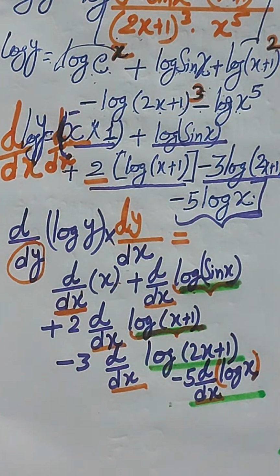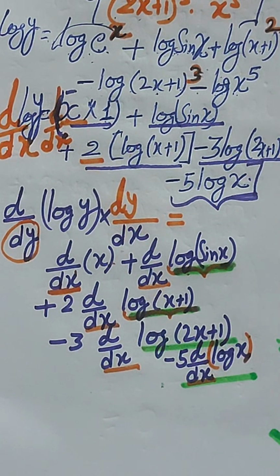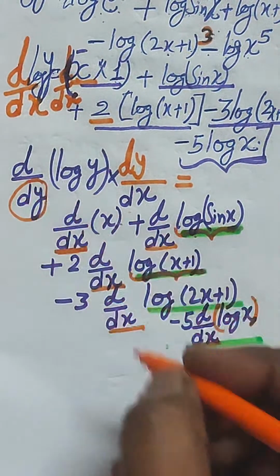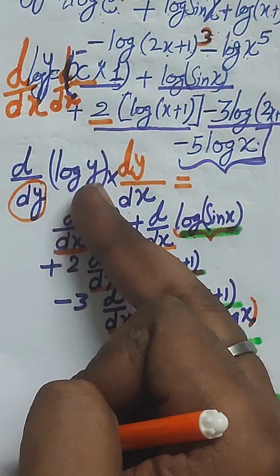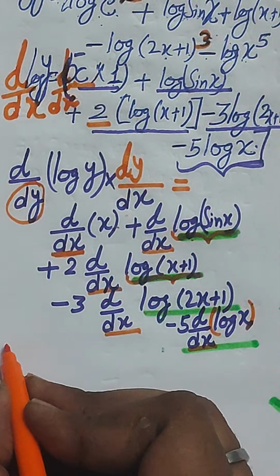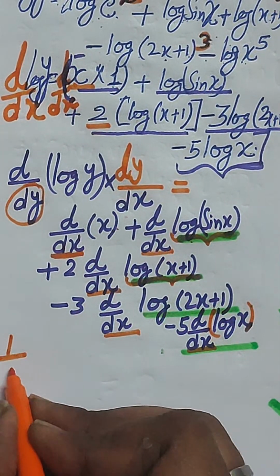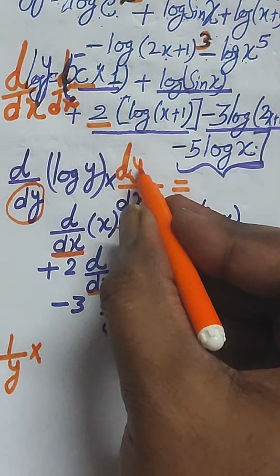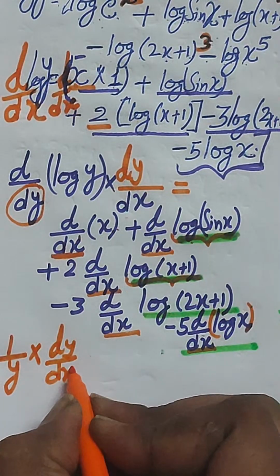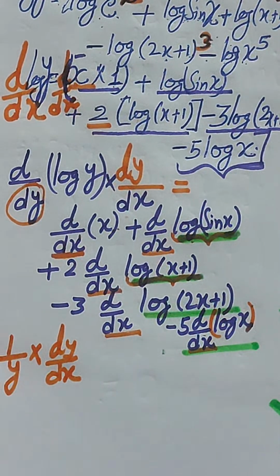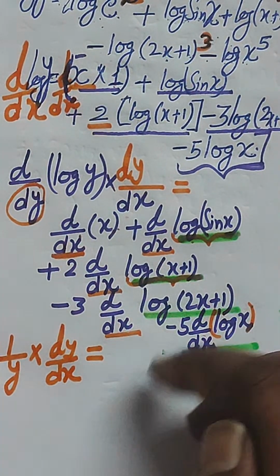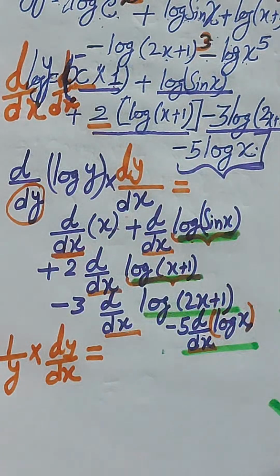How? Let us see. From this step, we can see that into the LHS, d by dy of log y will be nothing but 1 by y. So into the LHS, we have 1 by y into dy by dx. That is the LHS, right? And this is equal to, into the RHS, you can see d by dx of x is what?